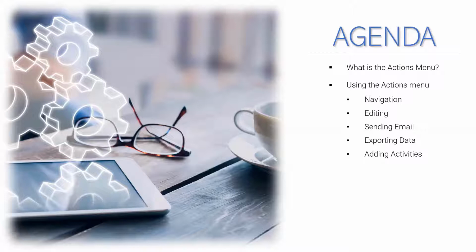For example, in accounts, you would be able to filter your accounts by a state or a city or an industry type or market segment or whatever custom fields you have, select those records, and then you can go to the Actions menu and say view the contacts or view all the activities that we've done with all of these companies in a particular state.